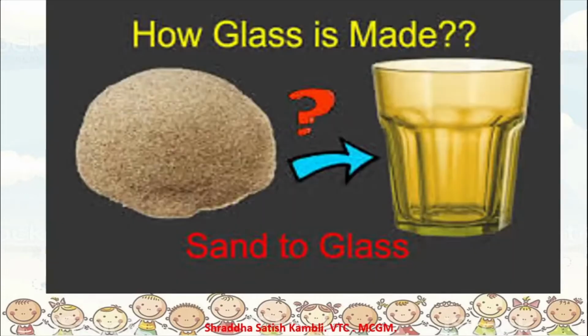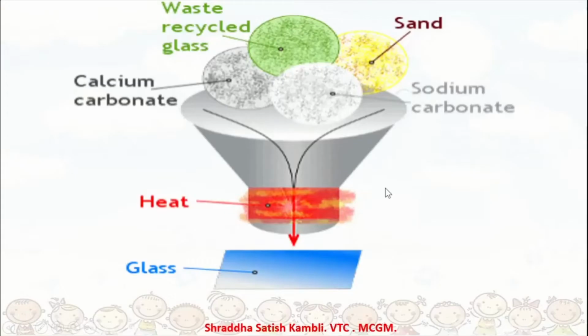So how is it done? Let us see the process in which sand is converted to glass. So you can see how sand looks here and see how glass looks here. Alright, now in the process, sand here is mixed with various chemicals.